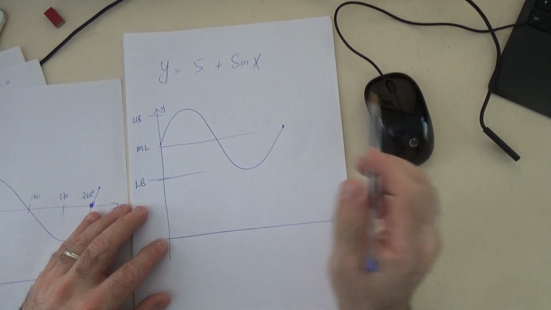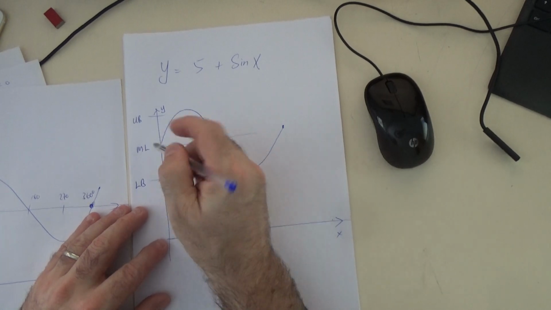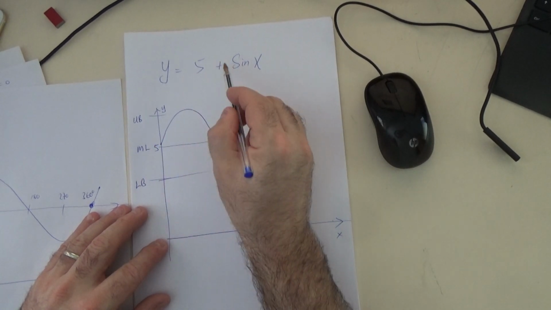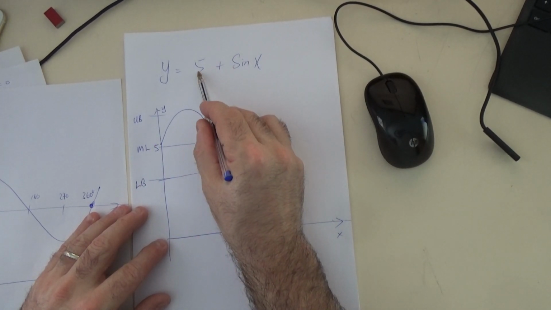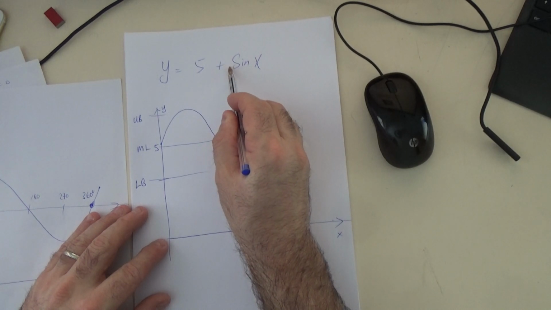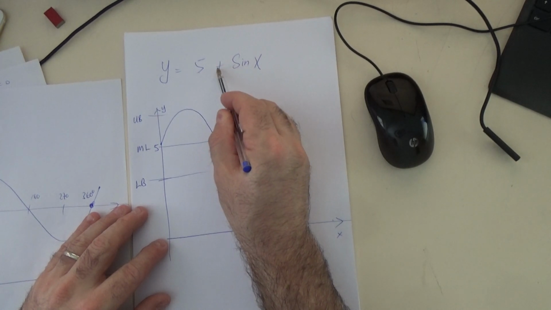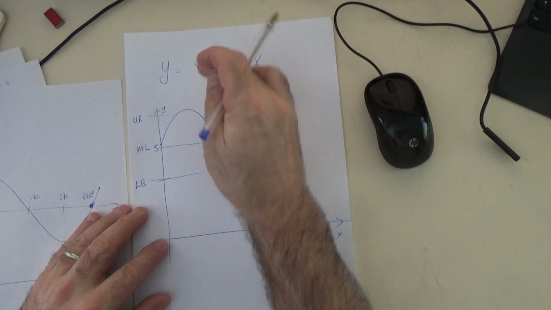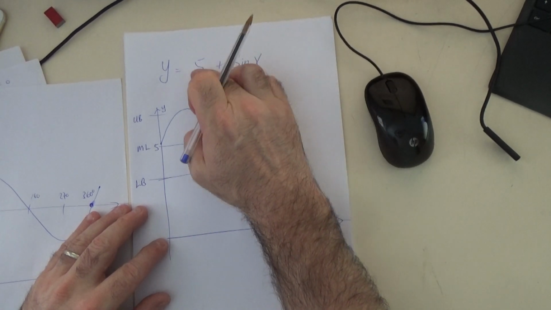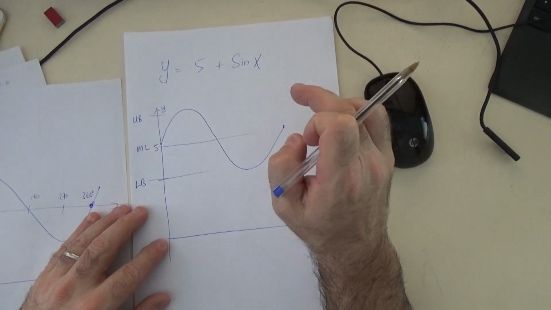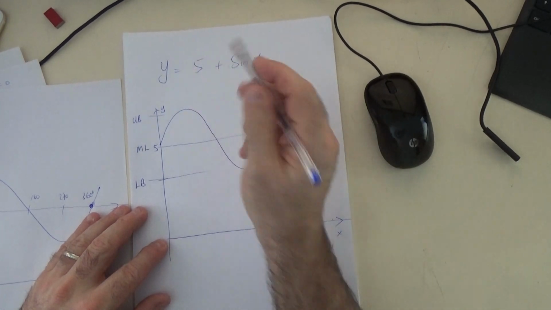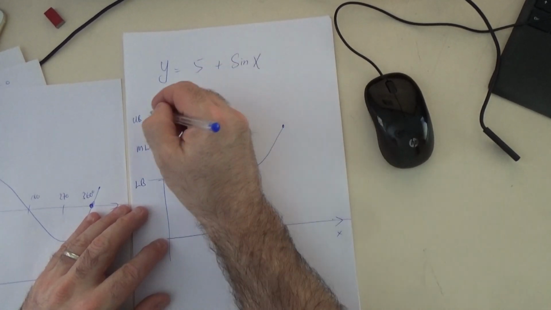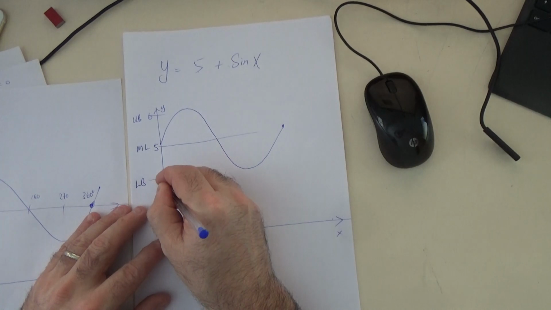The midway line occurs at 5. The upper bound occurs at 5 plus whatever this number is, regardless of sign. It doesn't make any difference. You just add on the absolute value of this number to the midway line. So in this case it's 5 plus 1 is 6, and in this case this is 4.